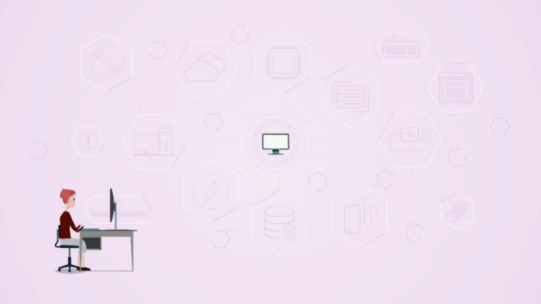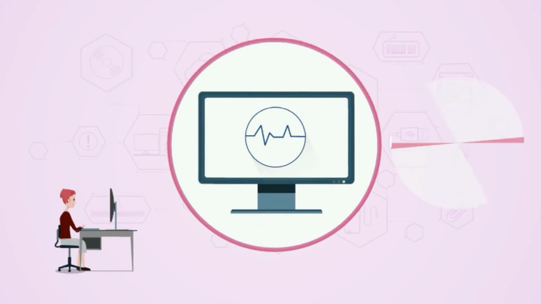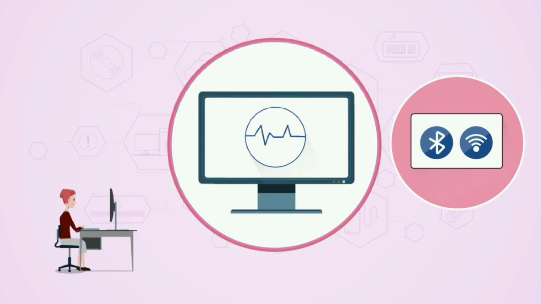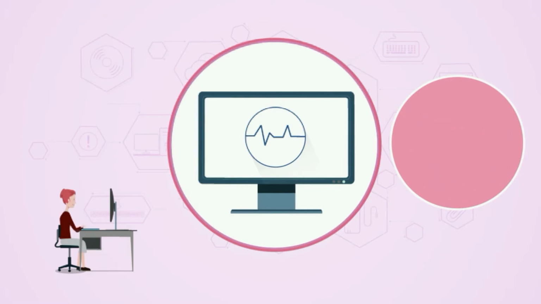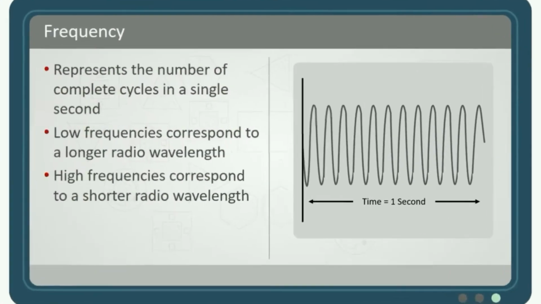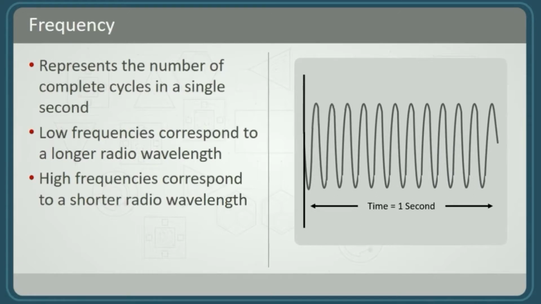In this presentation, we'll talk about frequency with respect to wireless communications and ultimately how it affects the overall amount of data that can be transmitted, as well as some other characteristics. But the term itself quite simply represents the number of complete cycles in a single second. And I'm sure that's nothing particularly new. We've been using this term in various components of computing for a very long time.